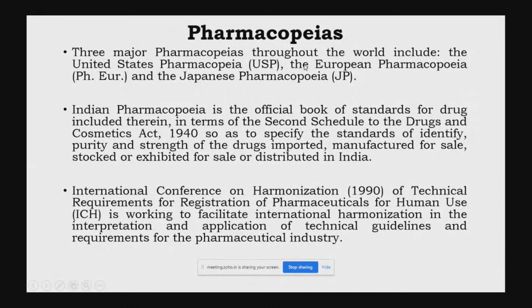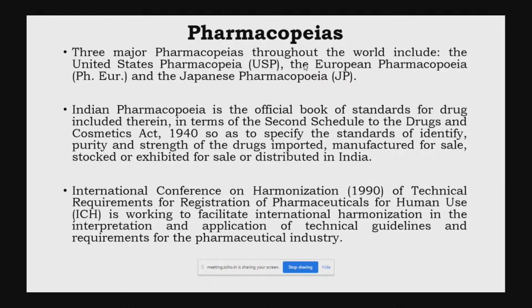In the whole world, pharmaceutical industries follow certain rules and regulations and standards which are applicable worldwide. There are three major pharmacopoeias throughout the world: the United States Pharmacopoeia, the European Pharmacopoeia, and the Japanese Pharmacopoeia, which are followed by most industries.